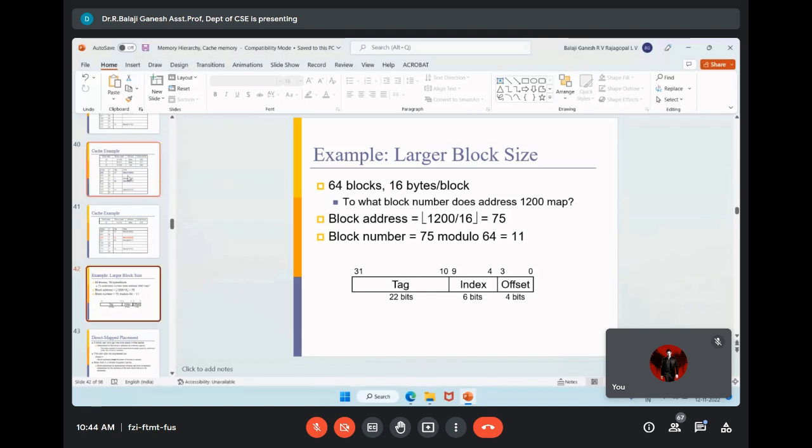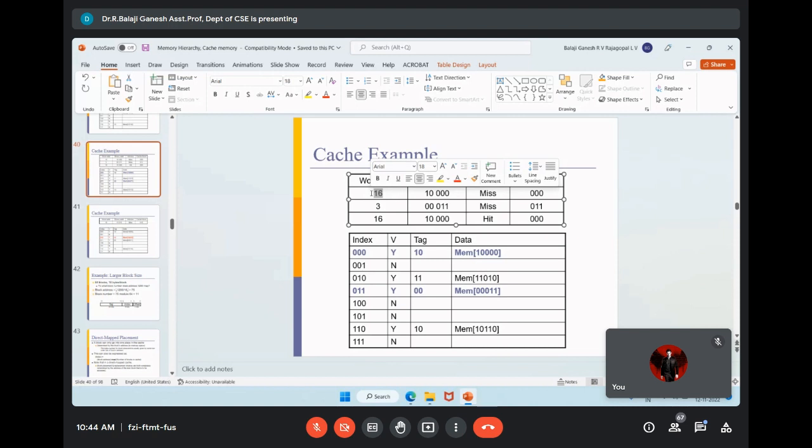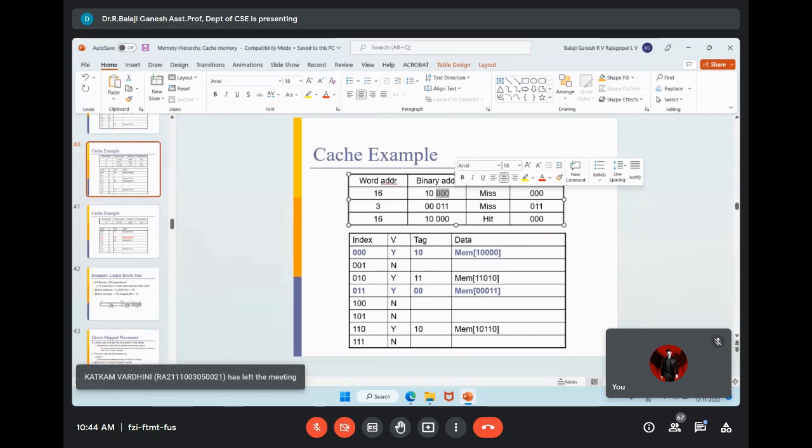Suppose, for example, 16 is the main memory block referenced by the processor. So 16 needs to be converted into its equivalent binary, and you have to split that binary address into index and tag. How many bits for index and how many bits for tag? The number of bits for index is equal to the number of bits needed for the cache memory blocks. Our cache has 8 blocks, and 8 is equal to 2 power 3, so 3 bits are used for index.